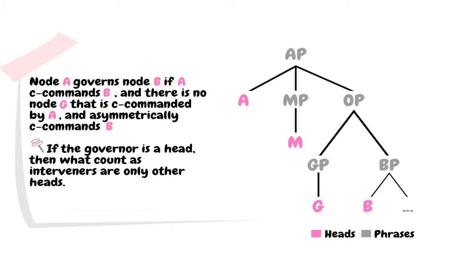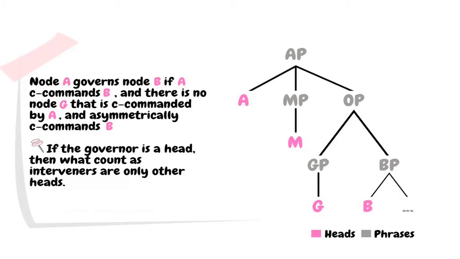But we are going to focus on only MP and GP. Please forget about OP and PP because they do not C command B. They violated the first condition. They dominate. Remember, if there is domination, then there is no C command.